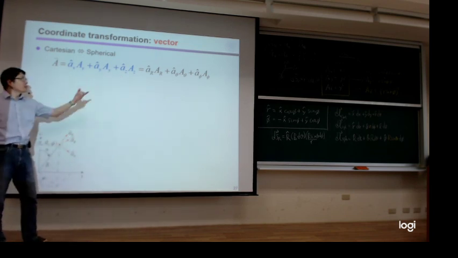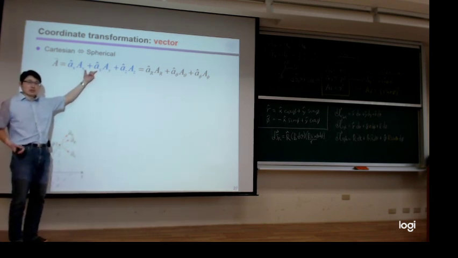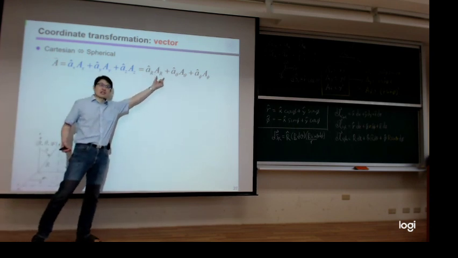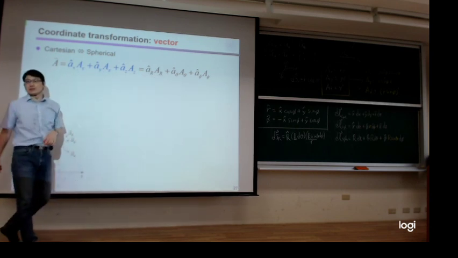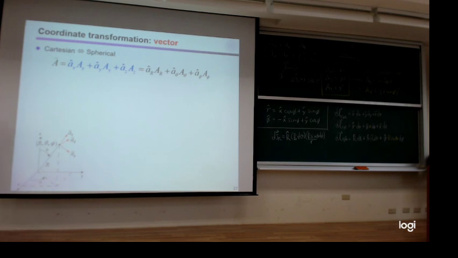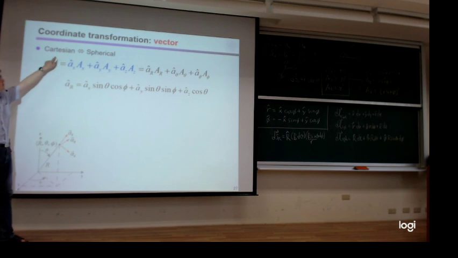If you already know its Cartesian components, you can extract the spherical coordinate components by the same methodology I just taught you. You just take the dot product of the entire vector with some unit vector in the new coordinate system. Okay?